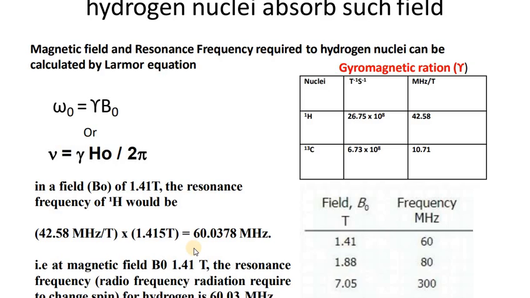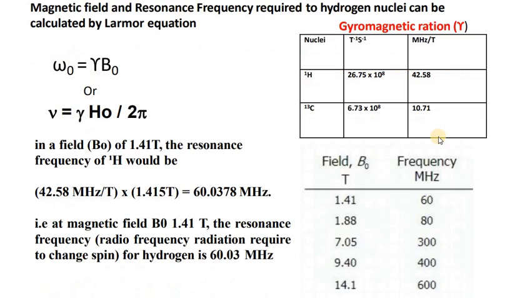That is, at a magnetic field of 1.41 Tesla, the resonance frequency which hydrogen requires is around 60. Here gamma is the gyromagnetic ratio, which for hydrogen is 42.58 megahertz, and for carbon it is 10.71. This is the value for gamma.